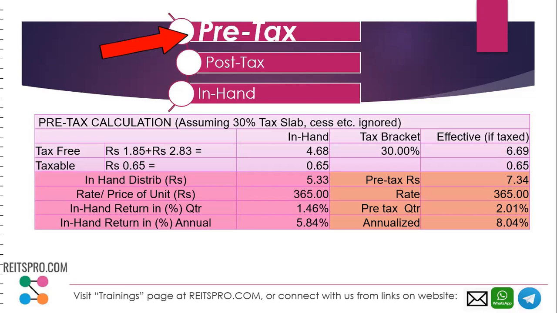So now your comparison becomes easier, because you say, okay, 8% is the kind of return that I'm getting in a REIT, whereas some debt instrument is offering me 7% or 7.5%. So this is a little better on that account.